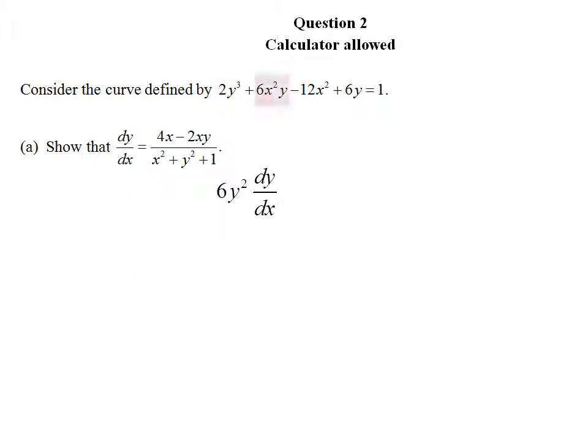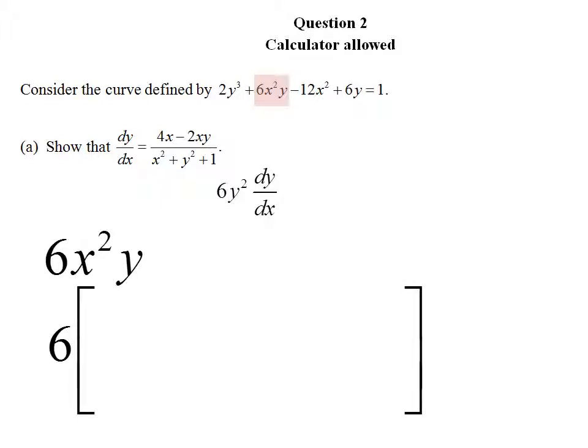On to the next term, we see we've got a constant times x squared times y. So the first thing we'll do is factor out that constant and then realize that we've got to multiply by the derivative of what follows. What follows is a product of two functions, x squared and y. So for this little bit, we're going to be using the product rule.